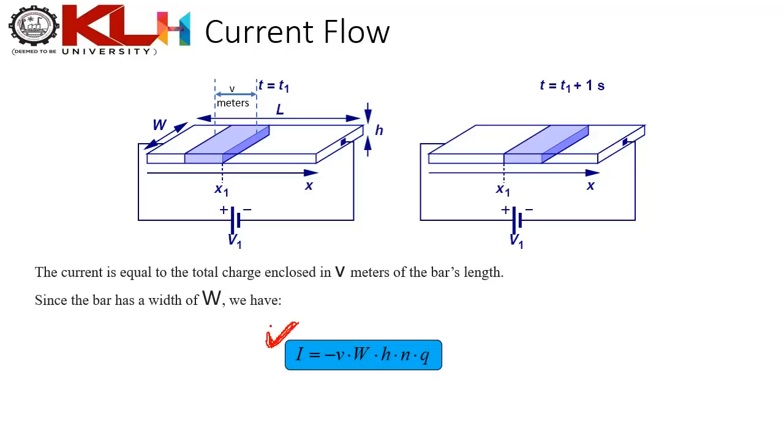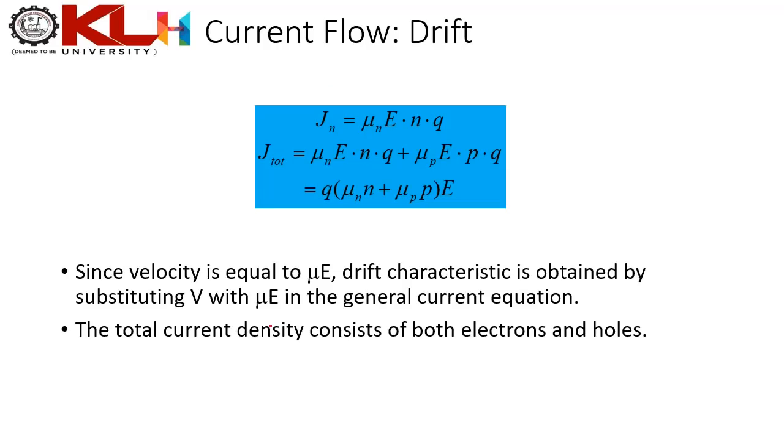Okay, so I just don't want to scare you guys, but I just want you to remember that transport of charge carriers takes place in semiconductors with the help of drift, and drift occurs when there is an electric field. So I want you to understand these three.